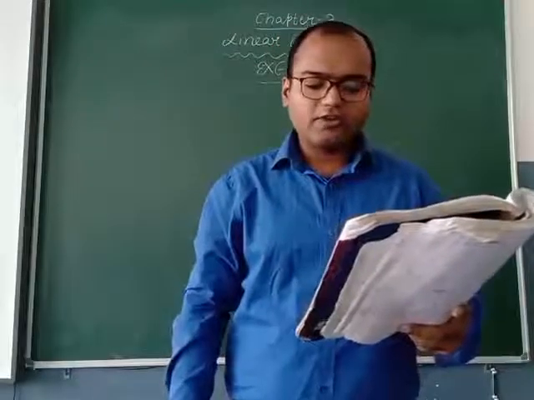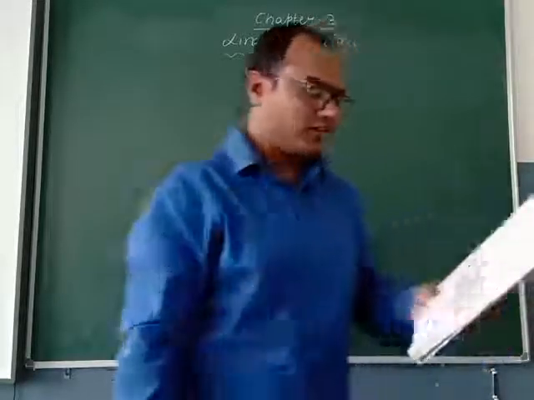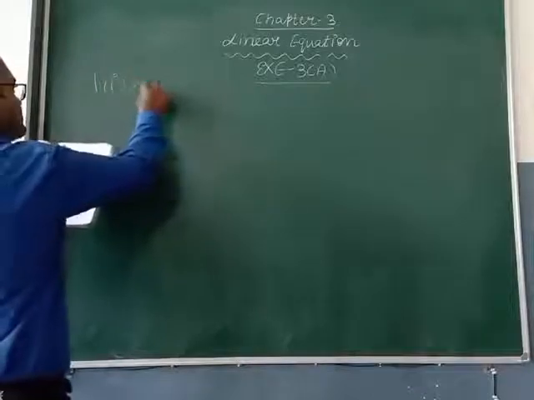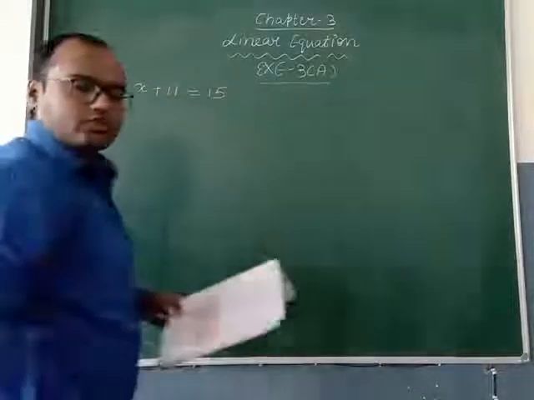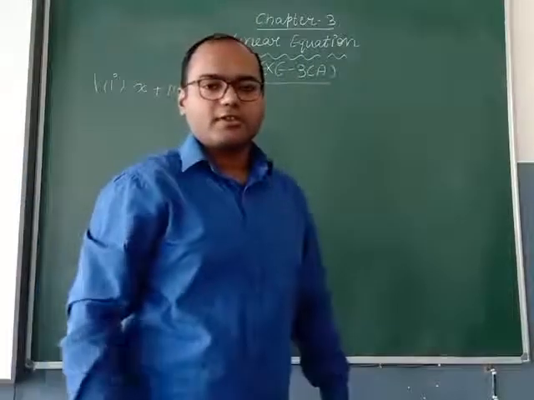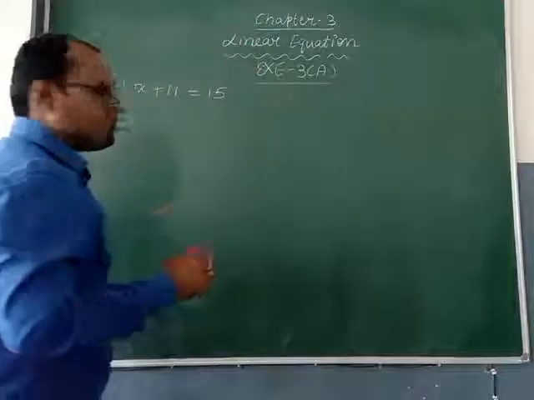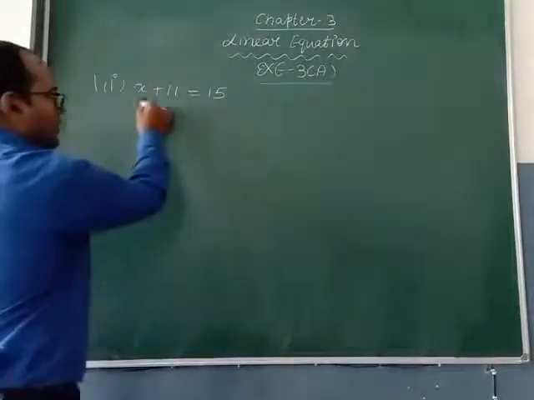Solve the following equation and verify the correctness. First part: x plus 11 is equal to 15. This is the question. We have to solve it first, and then we have to verify our answer also. Solve means you have to find the value of x. The unknown term is x.